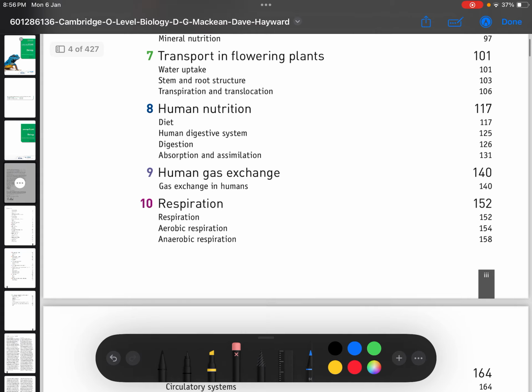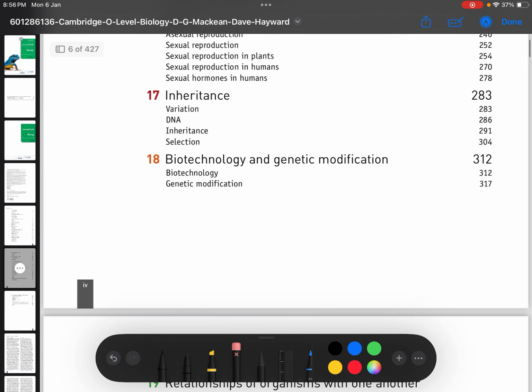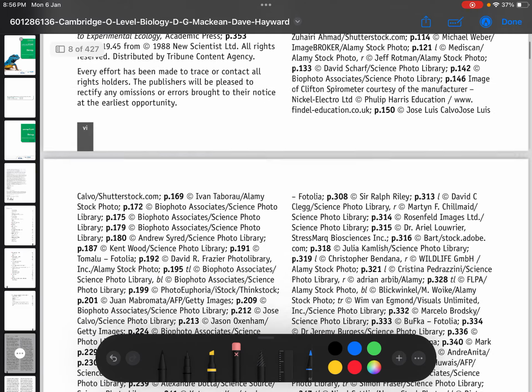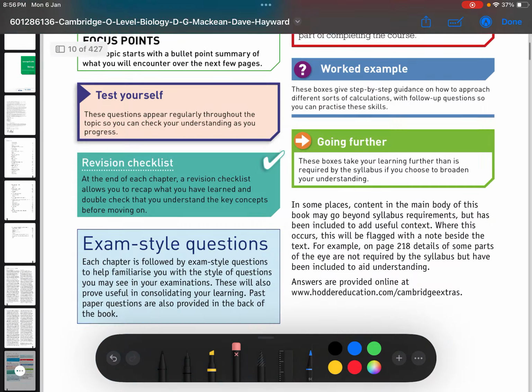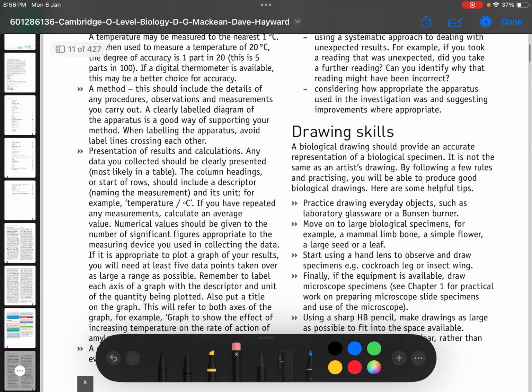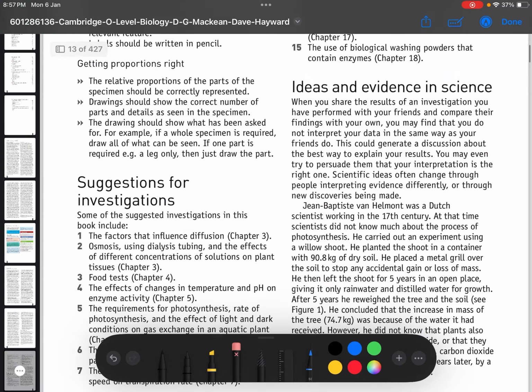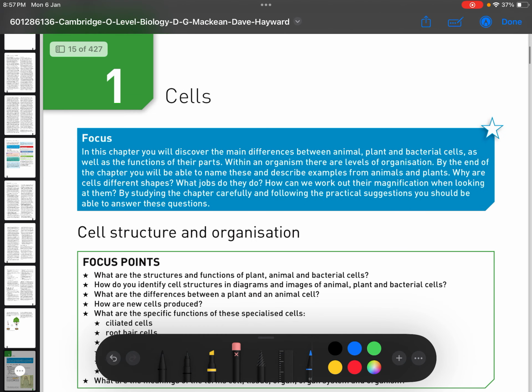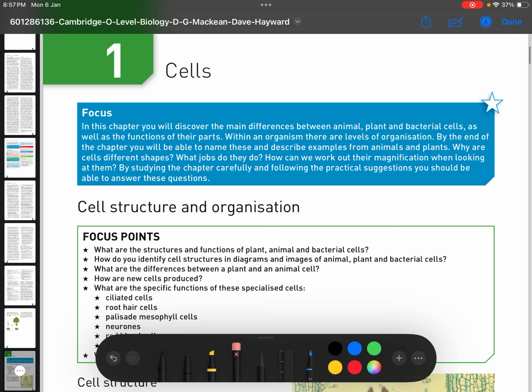I'll be breaking down each and every concept in the simplest form so you can understand it, and then attempt the questions without any hurdles. I'll try my best to make these concepts crystal clear so you don't have any issue understanding them. Now, moving to our first topic, which is cell structure and organization.